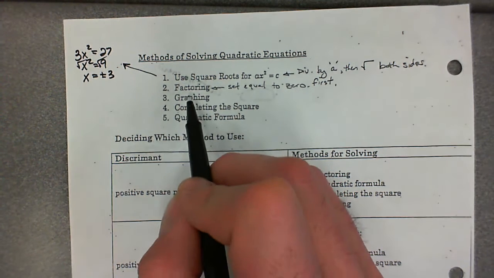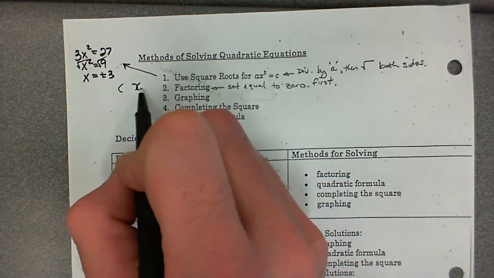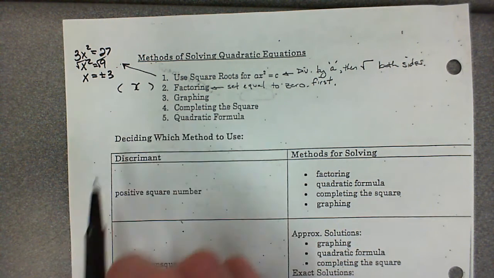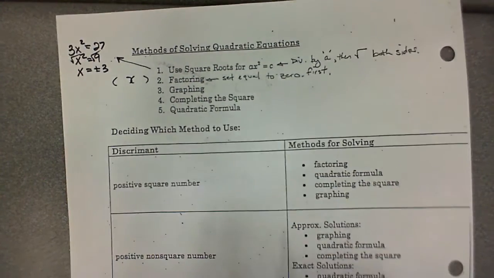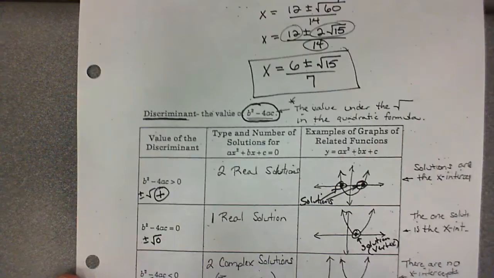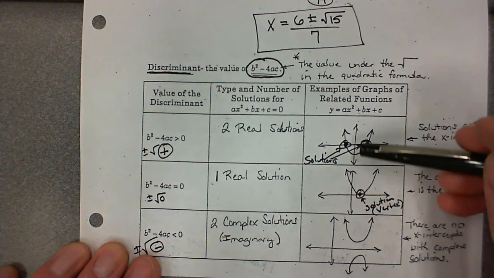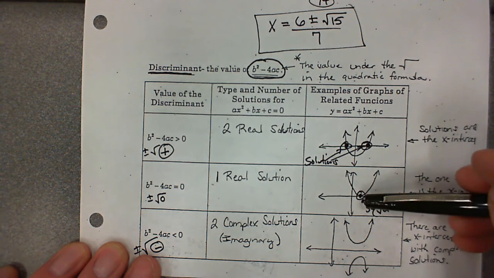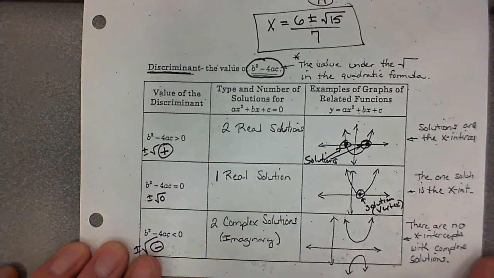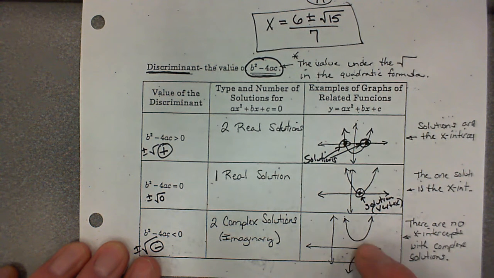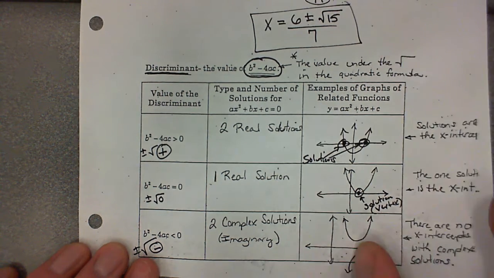Obviously the factoring method would be when you're doing the parentheses and trying to find your factors. The graphing method is what we talked about in the last video, where you take the equation, plug it in your calculator, and find your solutions from the graph. There would be the x-intercepts, or if it's imaginary solutions, there are no real solutions that you can get off of the graph.